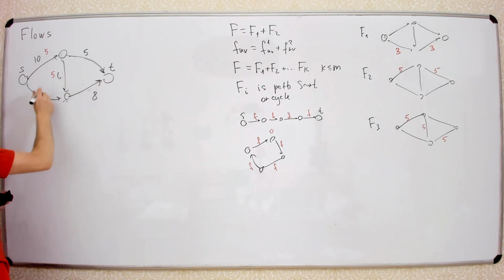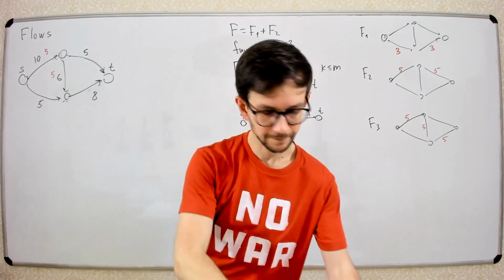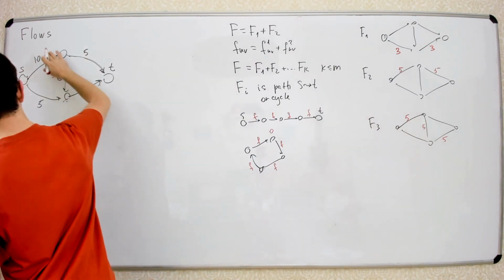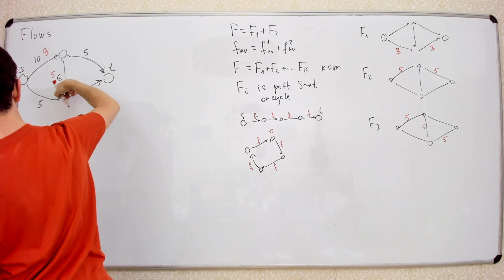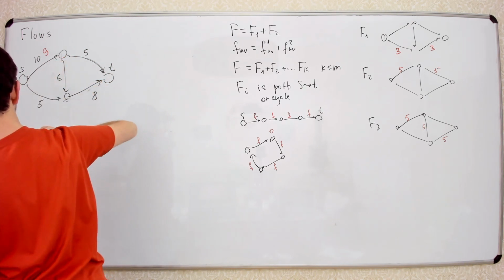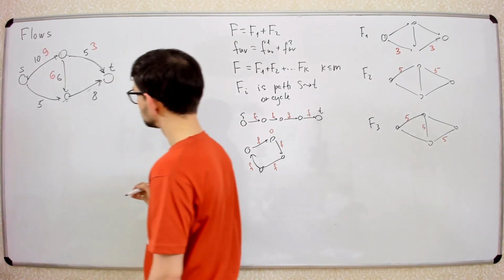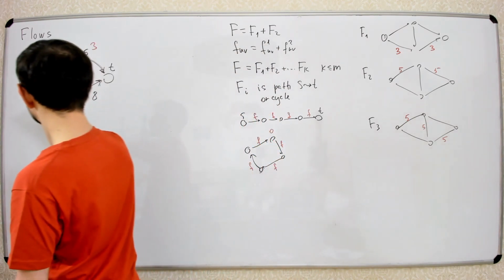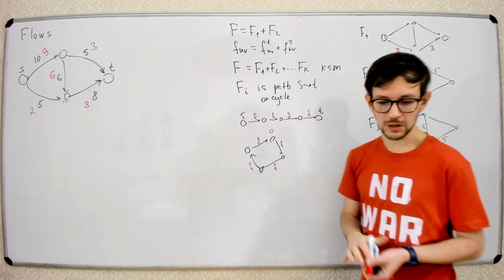What do we have? 5 here. Let's go with 9 here and 5 here, and let's put 6 here and 3 here, for example. Strange flow, but okay, let's do it. Now we have 6 here, let's put 2 here and 8 here. Something like that.